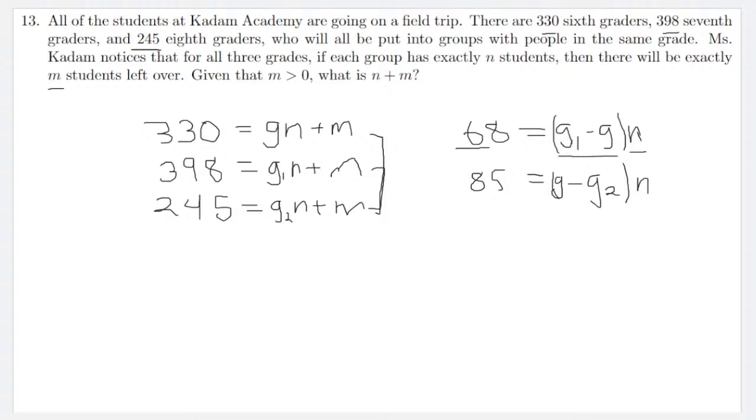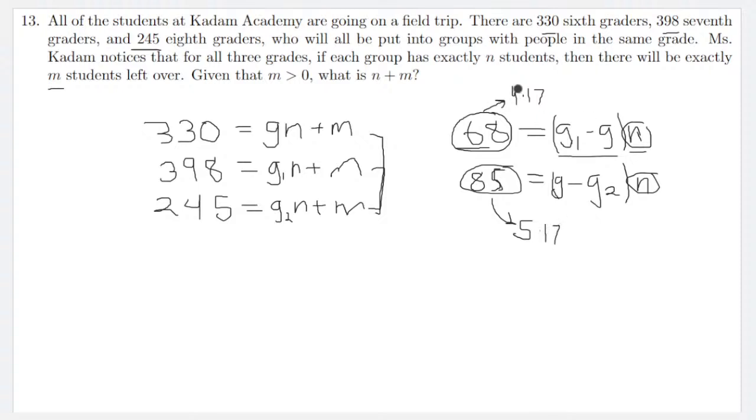It's something we created just to rewrite these expressions. But we can notice that n is always an integer. So the same n has to divide this, the same n that must divide this. So let's think what 68 is. 68 is 4 times 17. 85 is 5 times 17.